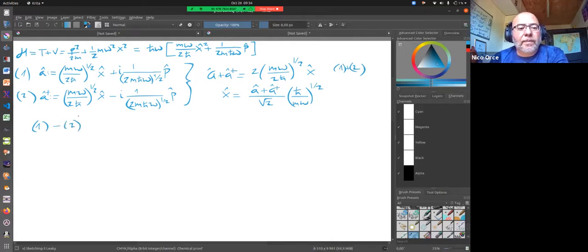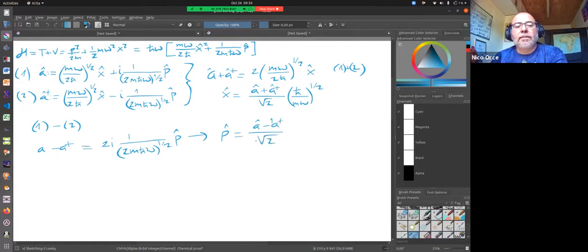So we have that A minus A dagger equals 2i times the square root of 1/(2M h bar omega) times P. So P is equal to A minus A dagger, divided by square root of 2 i, and multiplied by the square root of M h bar omega over 1/2. Okay, so things look a little bit complicated so far, but they are actually not.